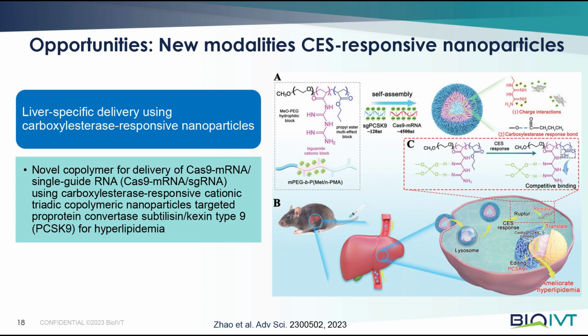So this is for people that have very, very high cholesterol, the ones that have the familial disorder that you really can't treat with just statins alone. And so this gene therapy, the way it would work is once it actually escapes the lysosome, so it doesn't go through the endosomal lysosomal trafficking pathway, and then it hits the carboxylesterase present in the endoplasmic reticulum, where the payload is released, and then you can have the gene therapy and transcription occur.